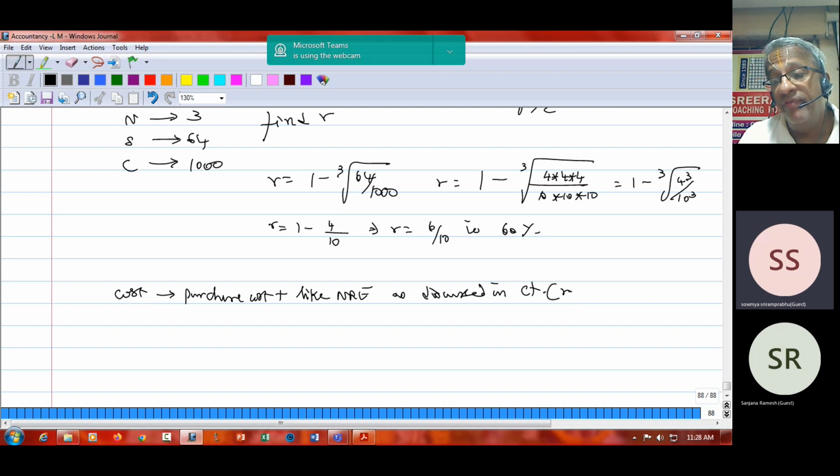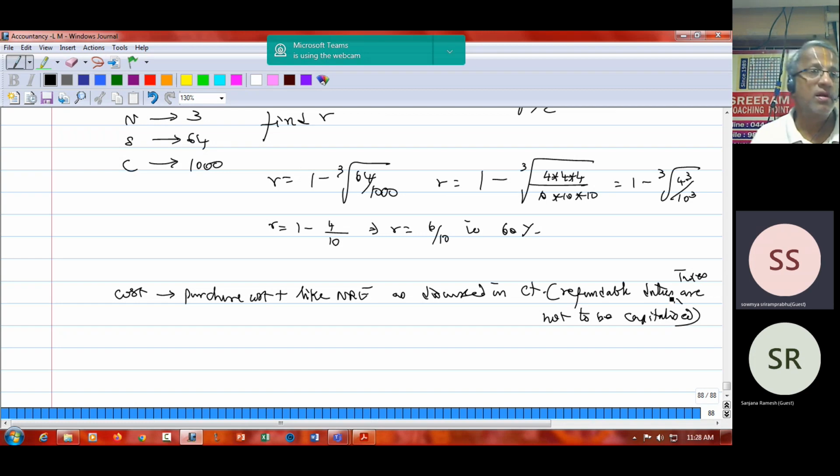Refundable duties and taxes are not to be capitalized at all. Refundable.